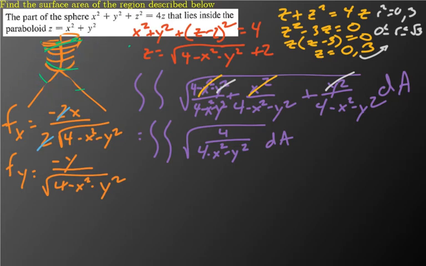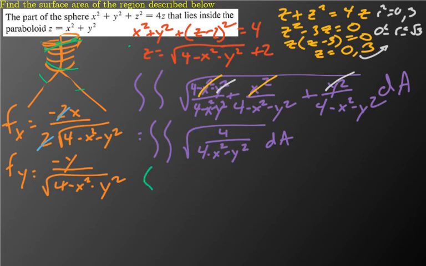So you have a full 2 pi because of the paraboloid being centered at the origin, and then you've got your radius running from 0 to root 3.